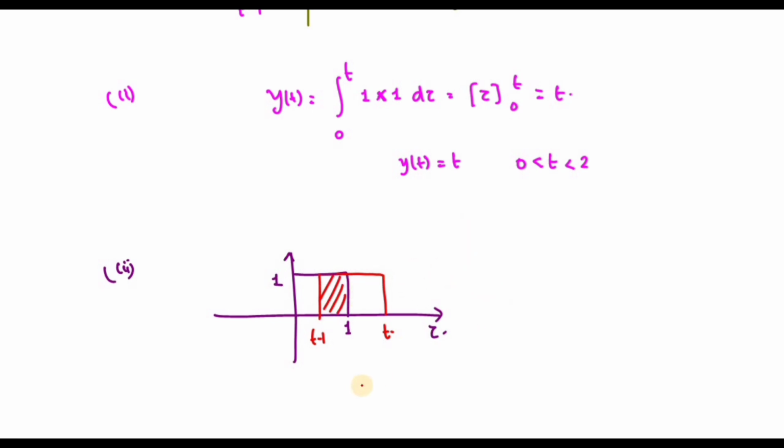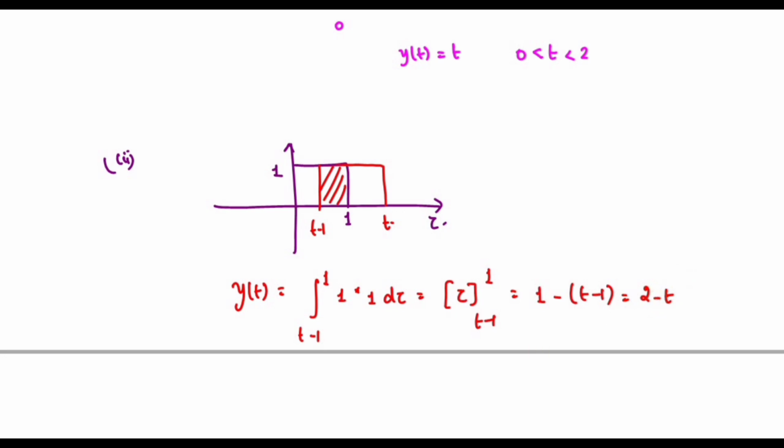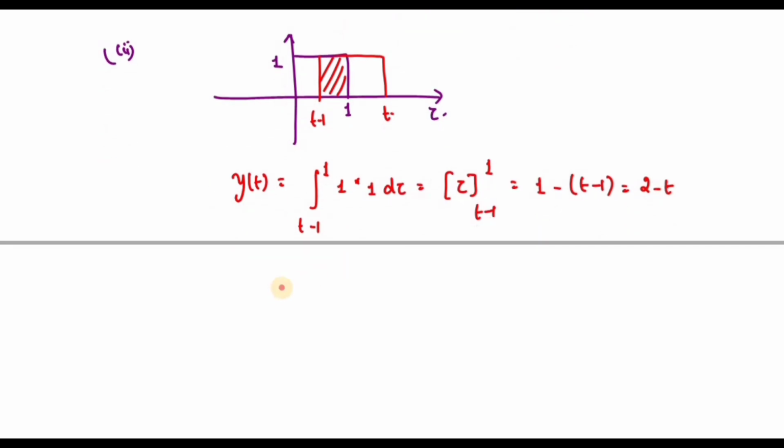So my y of t is equal to, the intersection is from t minus 1 to 1, x of tau value is 1, and h of minus tau plus t is also 1, d tau. So you will get tau from t minus 1 to 1. So this is 1 minus (t minus 1), which is equal to 2 minus t. So y of t is equal to 2 minus t for t greater than 1.